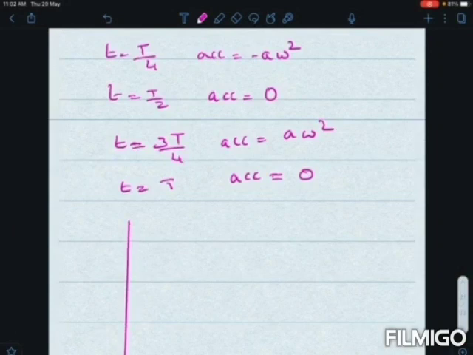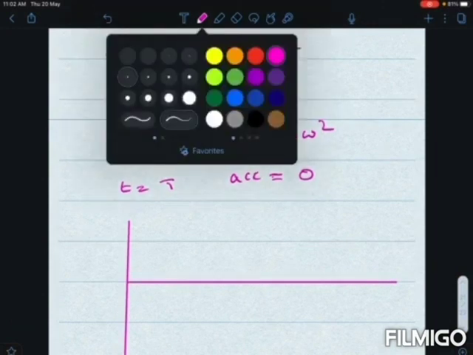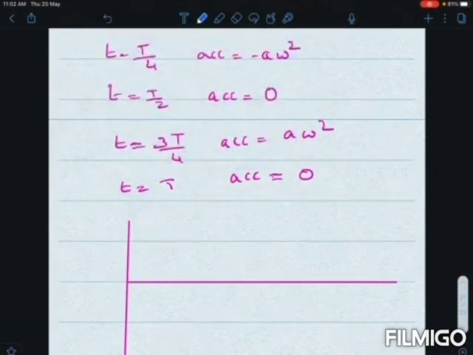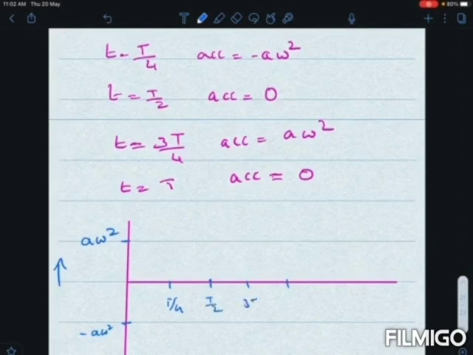And so we can have the graph as this. We can mark this point as A omega square, and this as minus A omega square. So at t by 4, t by 2, 3t by 4, and this is t.